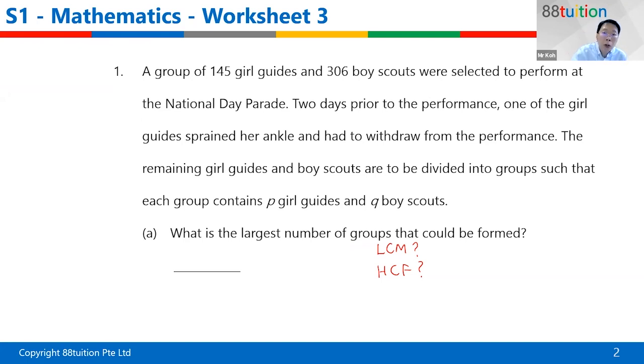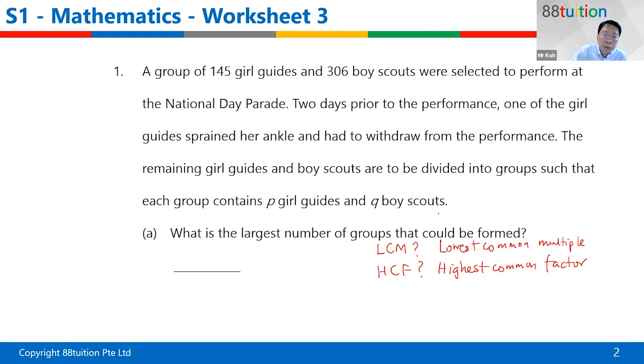Okay, now I think maybe some of you didn't watch the video. If you have watched the video, then let me just write down what LCM stands for and what HCF stands for. LCM is lowest common multiple. HCF is highest common factor.